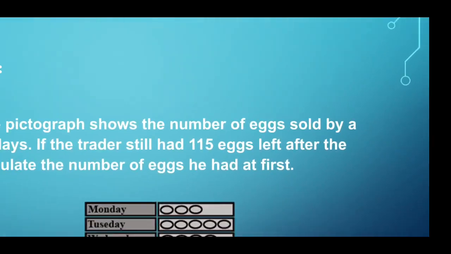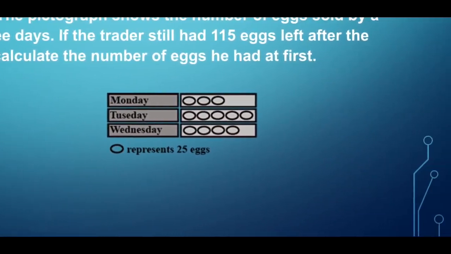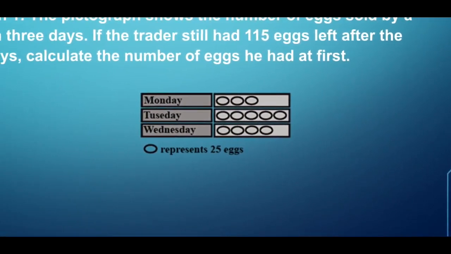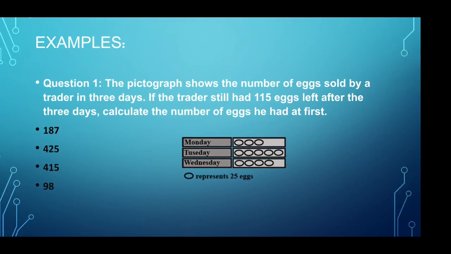So instead of putting 75 eggs on Monday, we just come up with 3 ovals as a representation of those 75 eggs.